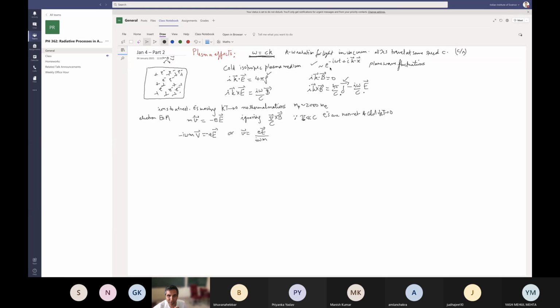And of course, it is varying sinusoidally at the same frequency as the frequency of the electromagnetic wave.